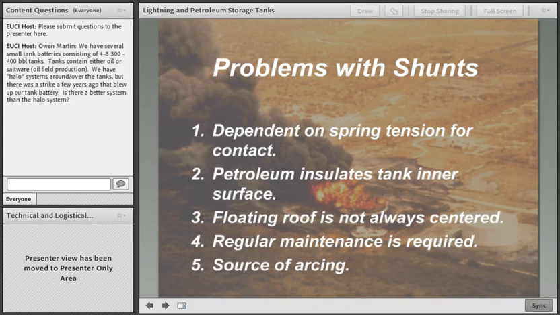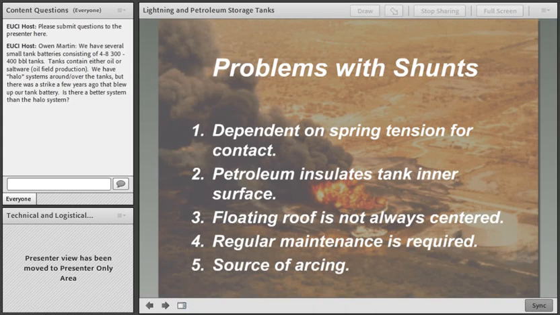So as it's being filled and emptied and filled and emptied and heated by the product or heated by the sun, or it may contract at night or in the winter. There's a lot of dynamics going on at the tank. So a tank is typically not perfectly round. And naturally, this means that the floating roof would not always be centered in the tank.